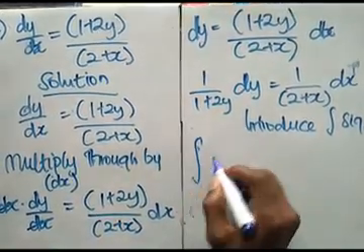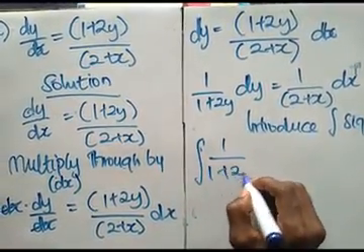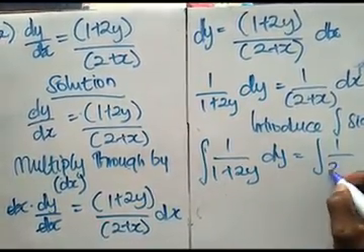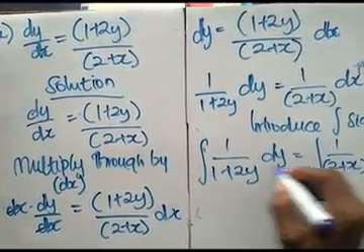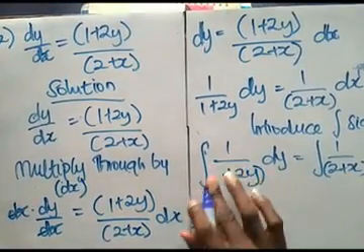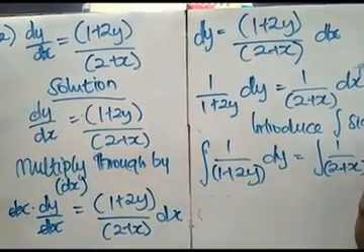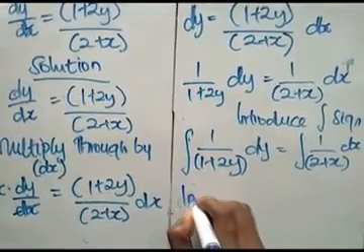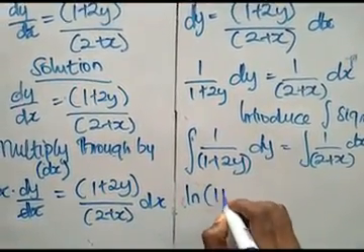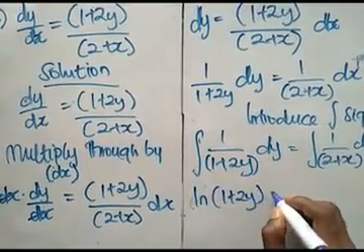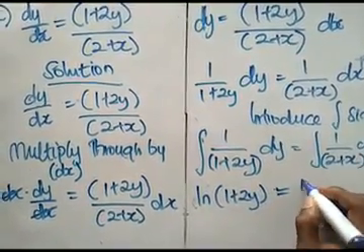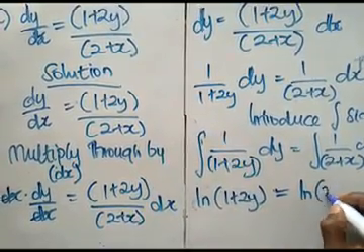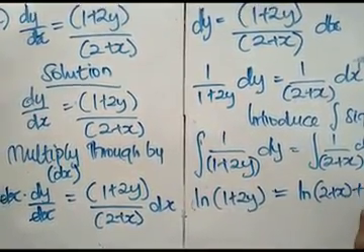So we obtain the integral of 1 over 1 plus 2y dy equals the integral of 1 over (2 plus x) dx. And this will be one half the natural log of 1 plus 2y equals the natural log of 2 plus x plus c.